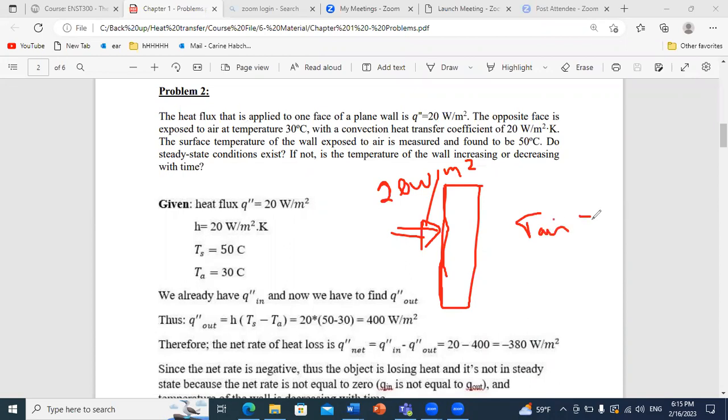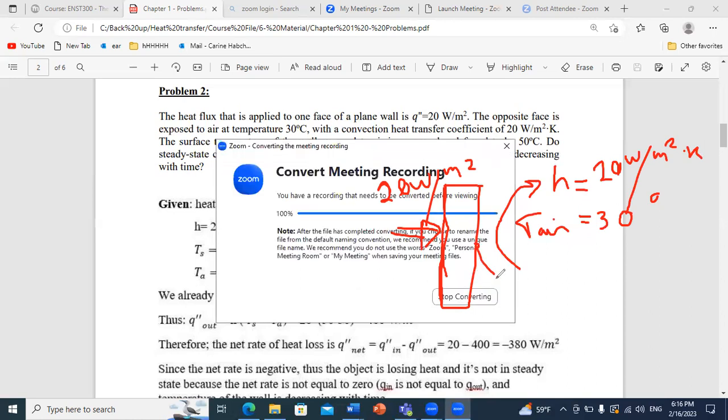And because in general, whenever we have contact between a fluid and a surface, we have heat transfer by convection. And they gave us the heat transfer coefficient by convection, h equals 20 watt per meter square Kelvin. Now, they told us that from measurements, the temperature of the outer surface of the wall was measured to be 50 degrees.